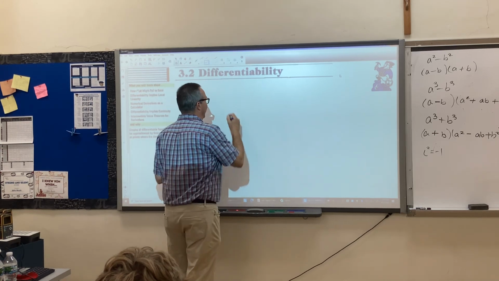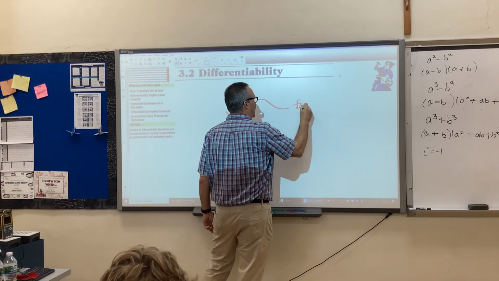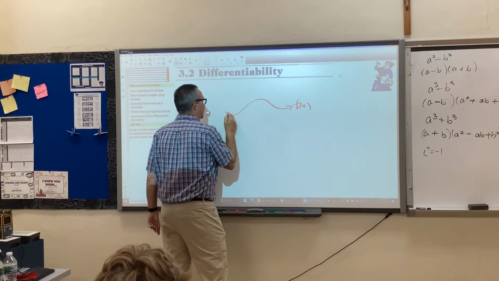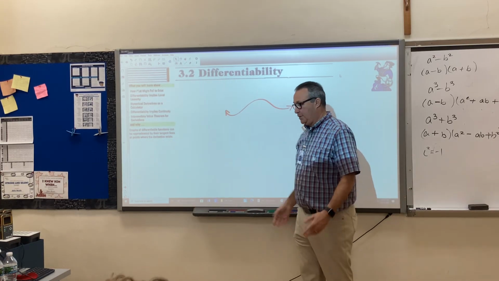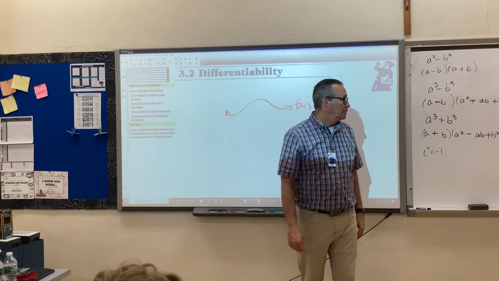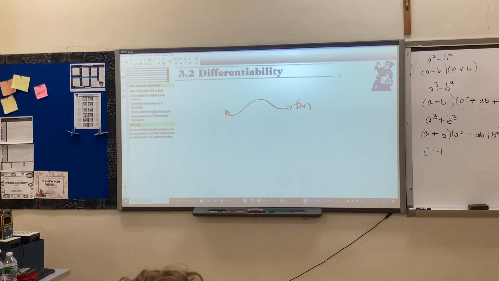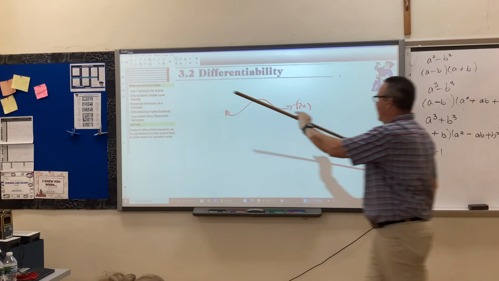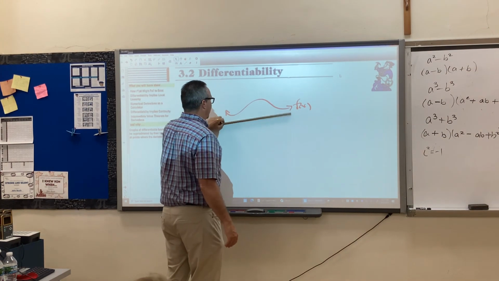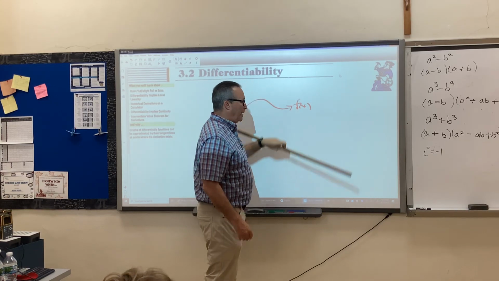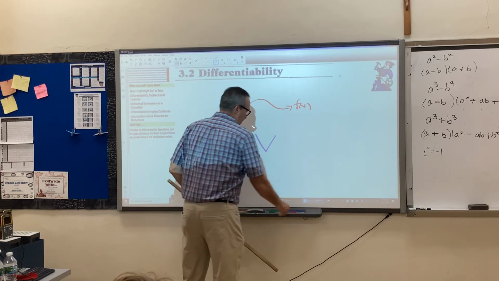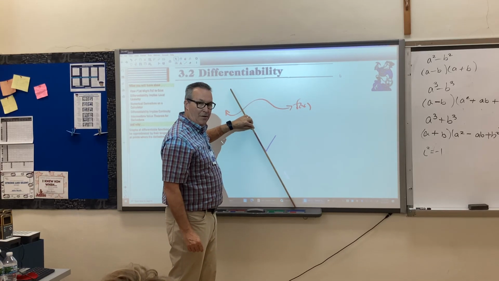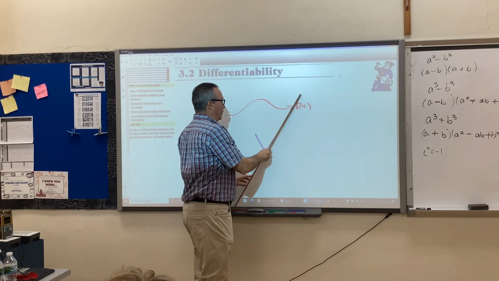You can take the derivative of any smooth curve at any point because it has a single tangent line for any of those points. Right? There's a single tangent line for any point on a smooth curve. The spots where you have issues is when there's a corner in a curve, because it has a slope to the left of that point and a slope to the right of that point.